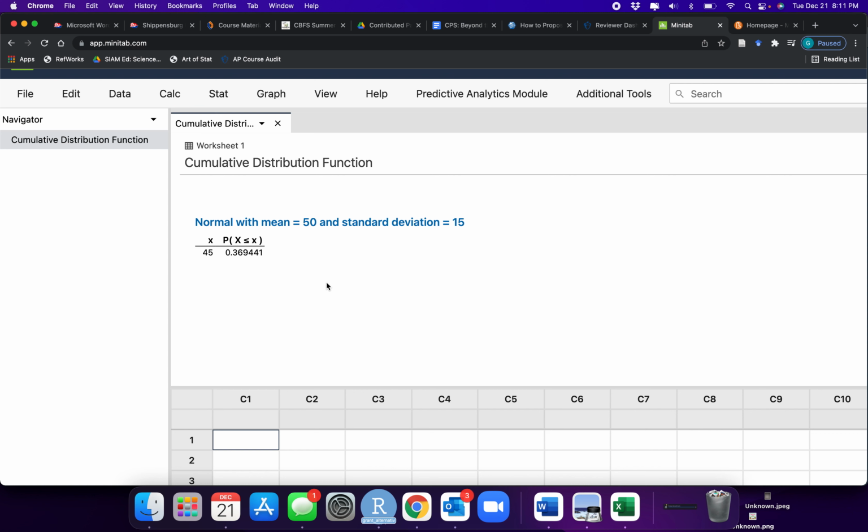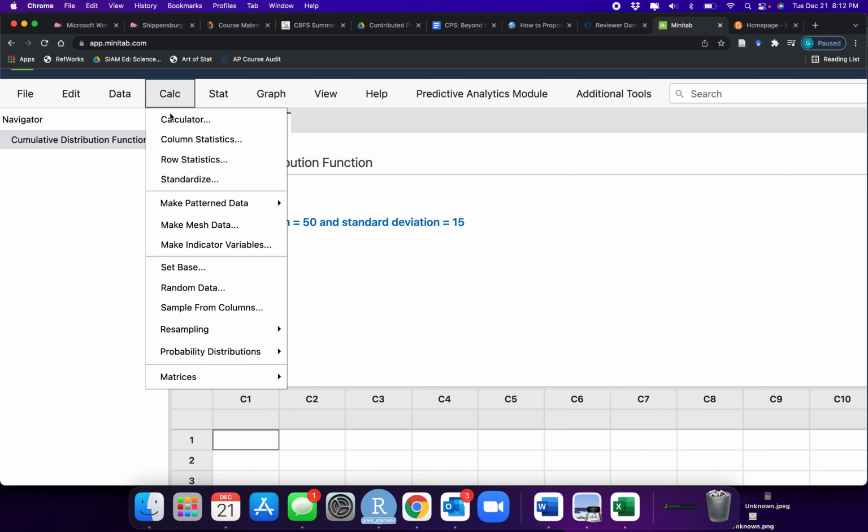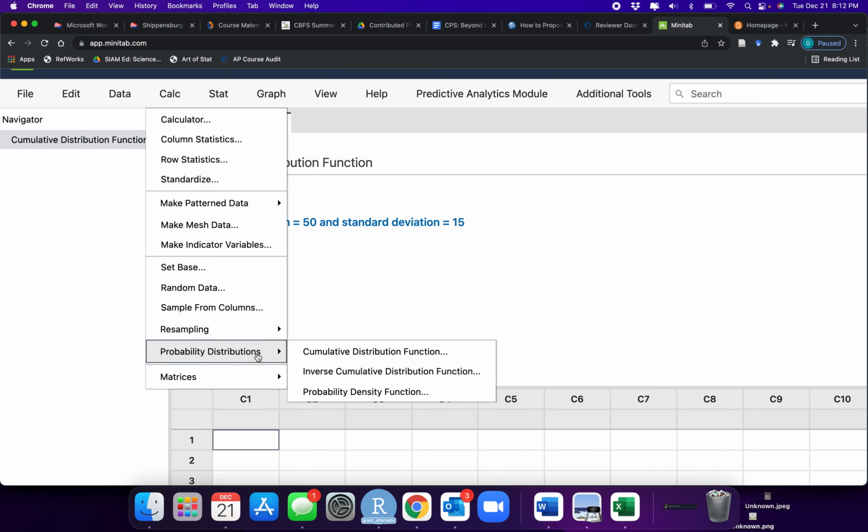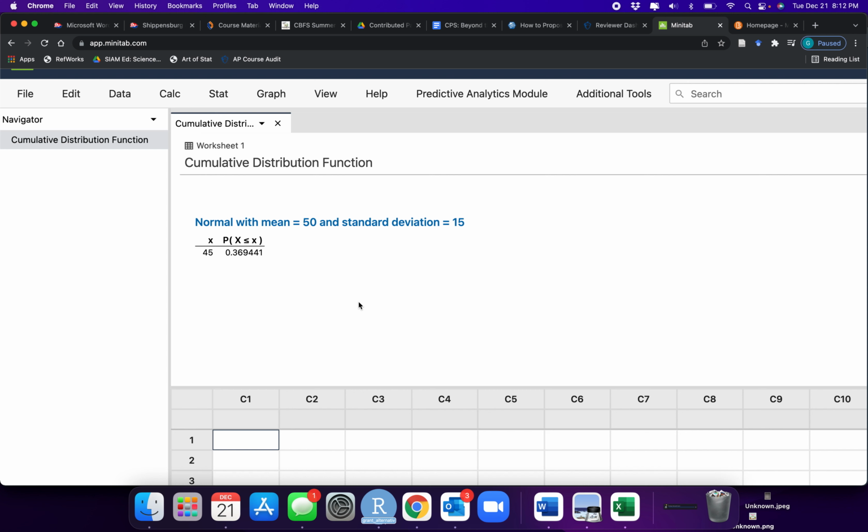StatCrunch has a nice feature where it allows you to calculate in-between functions. With this tool that I'm currently telling you to use, Calc, Probability Distributions, and then one of these three things, it doesn't quite work.